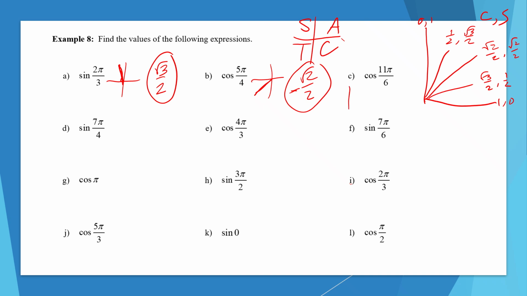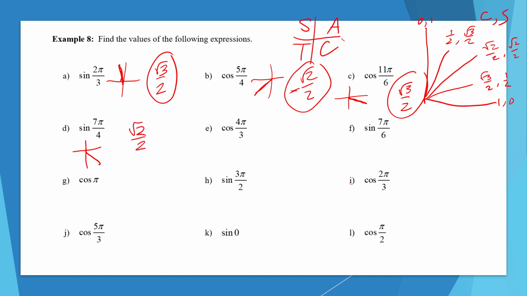Cosine 11 pi over 6. This is going to be a 30-degree reference angle. It's going to be the cosine value, but cosine is positive though, so we're just going to keep it positive, so it should just be positive root 3 over 2 there. Sine 7 pi over 4, that's going to be this quadrant right here, so the fourth one. Only cosine is positive, which means this value should be negative.